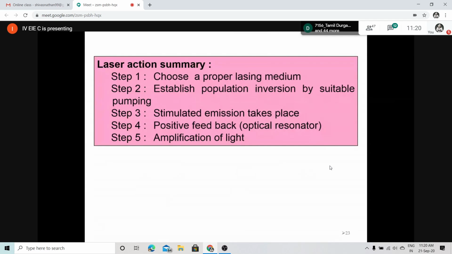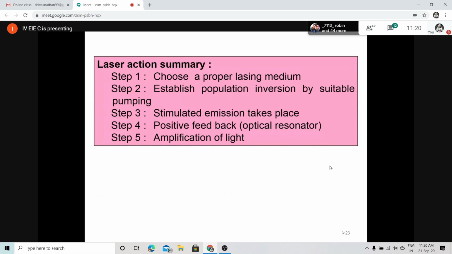Whereas in a 4 level system, since we find the population inversion between intermediate levels, we know that the metastable condition will have a much greater lifetime when compared to that of an excited level, whereas the lower level, which is present above the ground state, will have a much lesser lifetime.